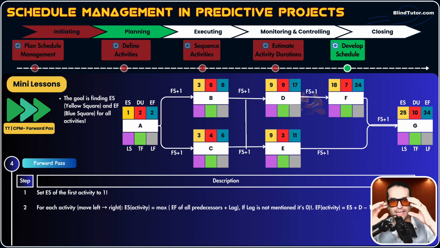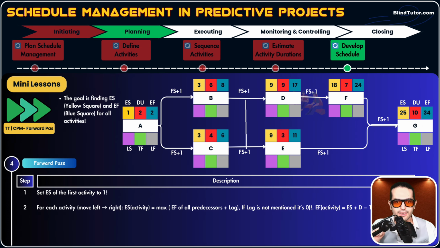Predecessor means activities that come right before this activity, because B is connected to D with a straight arrow, and C is also connected with this vertical arrow to D. So early start day of activity D depends on both B and C.